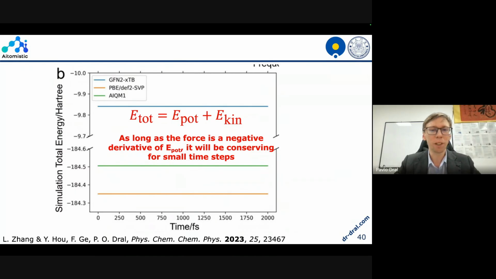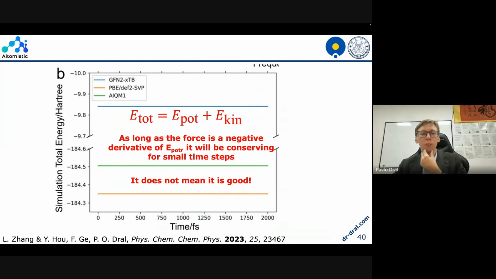Machine learning potentials are very good at this. They are very smooth functions with auto derivatives, so you will not see any bumps unless you use a very big time step. As long as you use a small time step, you will not see any deviation from energy conservation. It does not mean it's good.